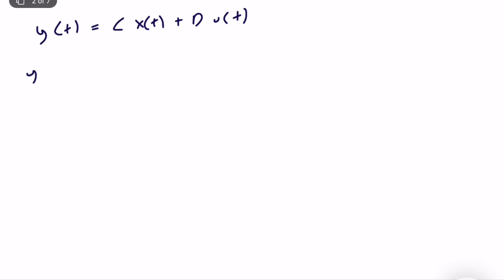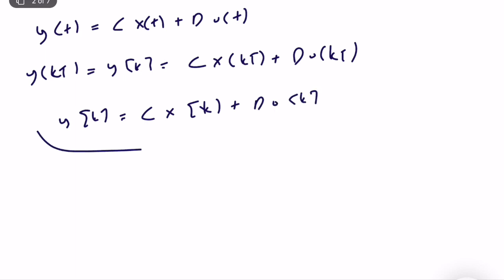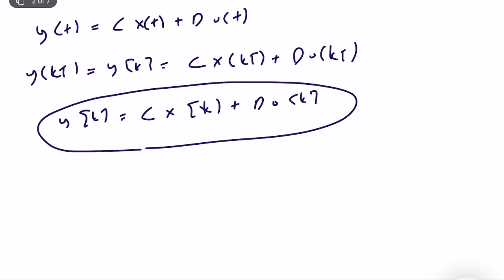So y of k is equal to, we know that, just sample the signals: C times x of kT plus D times u of kT. As you can see, it's super easy. So y of k is equal to C times x of k plus D times u of k. This is super great because it means that the output equation C and D matrices are the same as the original plant's C and D matrices. You don't need to compute anything new.